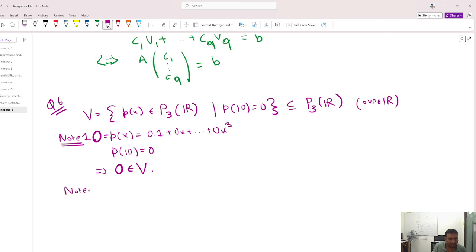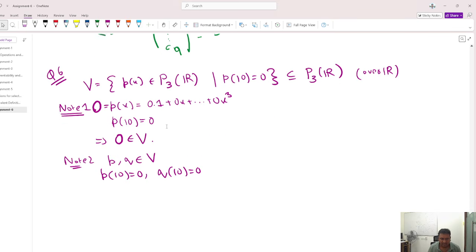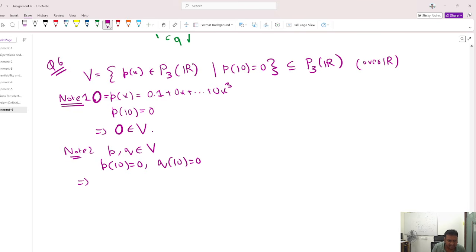Note 2. Now you have to take two polynomials, P and Q in V. So it implies P of 10 is 0, Q of 10 is 0. Let us see what this means. Let us expand this set properly.